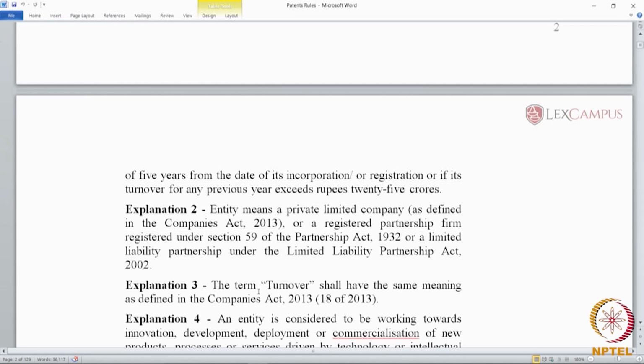So, to be a startup, you need to be registered as an entity under one of these three enactments: the Companies Act, the Partnership Act or the Limited Liability Partnership Act.